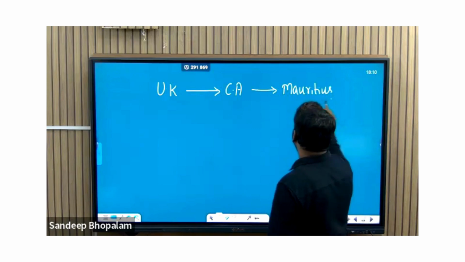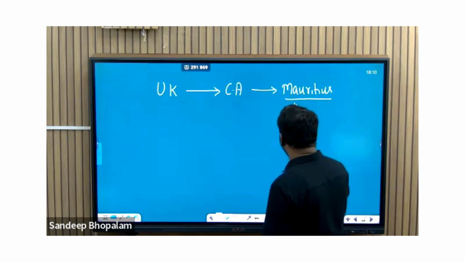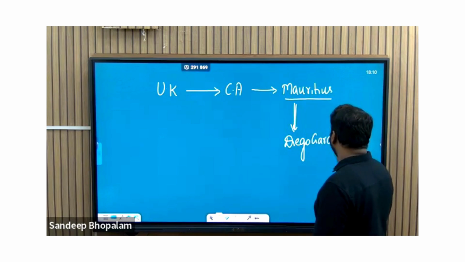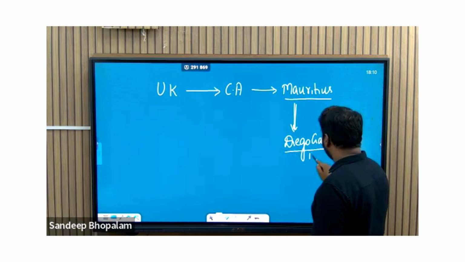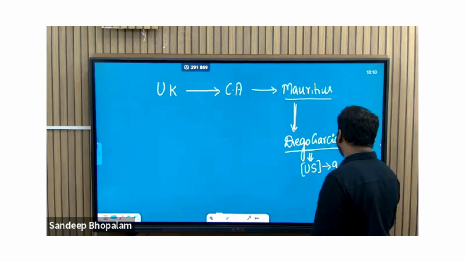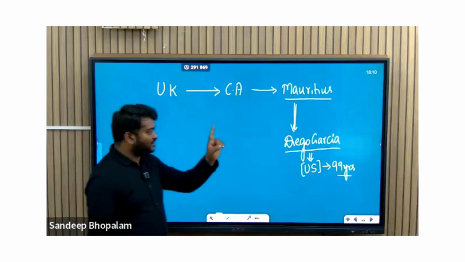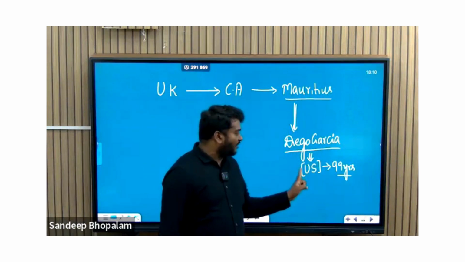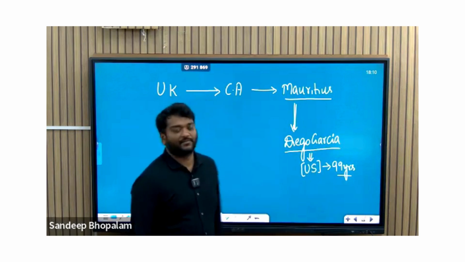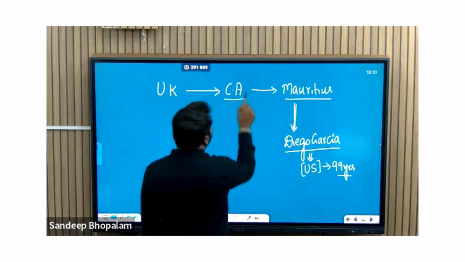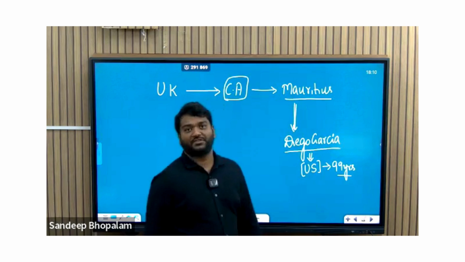But in return, Mauritius should give Diego Garcia to US for a period of 99 years. Okay? So Mauritius should give up Diego Garcia to US for 99 years. And then UK will give Chagos Archipelago to Mauritius.